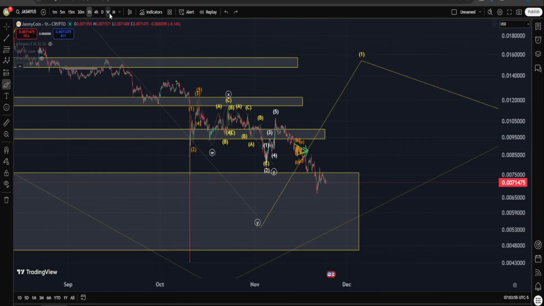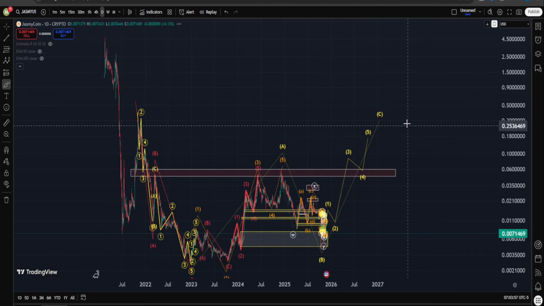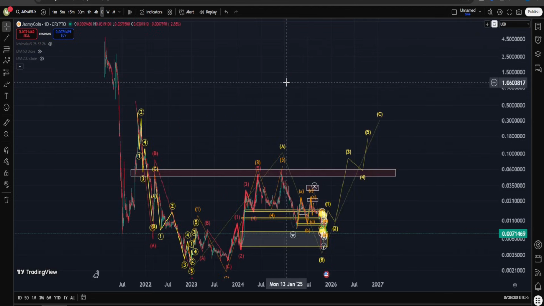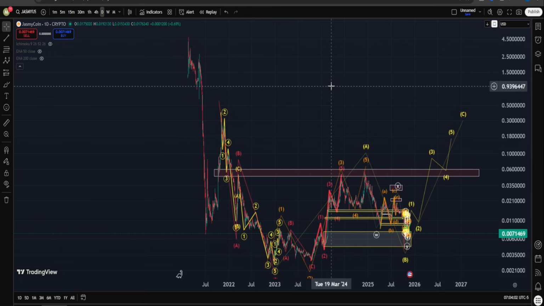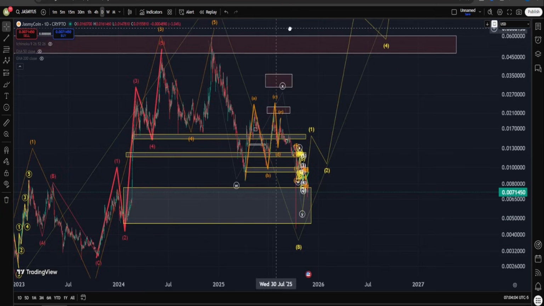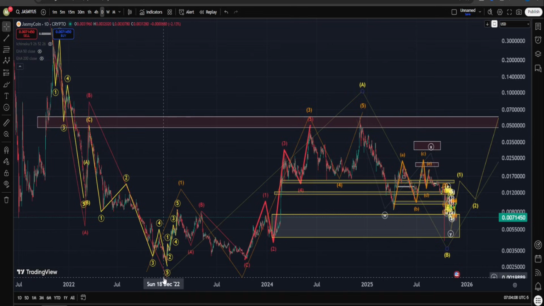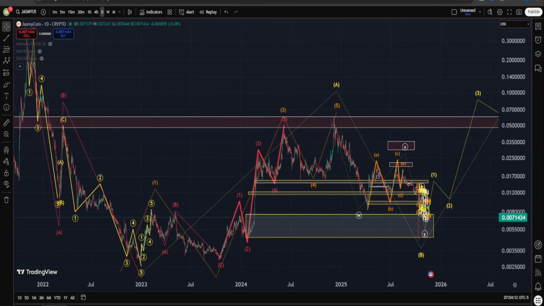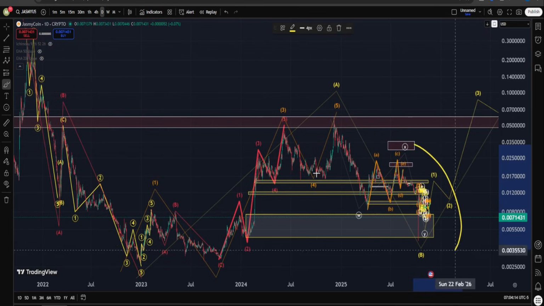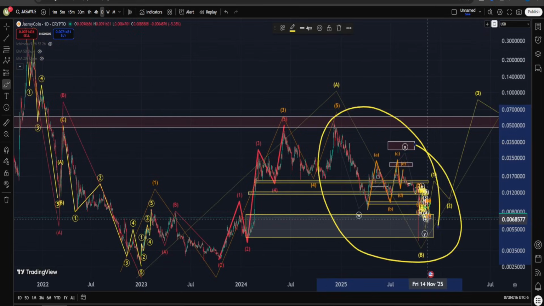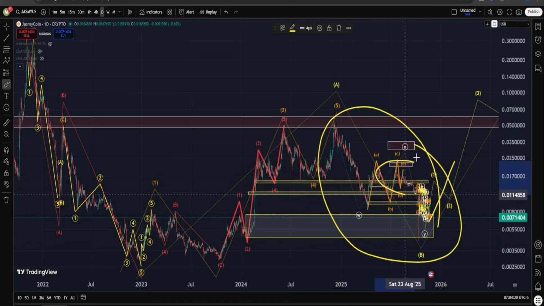Now, let's go on some higher time frames, and every now and then I feel like we should remind ourselves why we are looking optimistic in Jasmy. You see, in my view, in Jasmy, we do have off of the lows a 1, 2, 3, 4, 5 wave up, followed by that. In my view, this is most likely a correction structure down, which will get confirmed when we get a move on the upside and take this important high right in here, about, let's say, the 2.2 cents region.